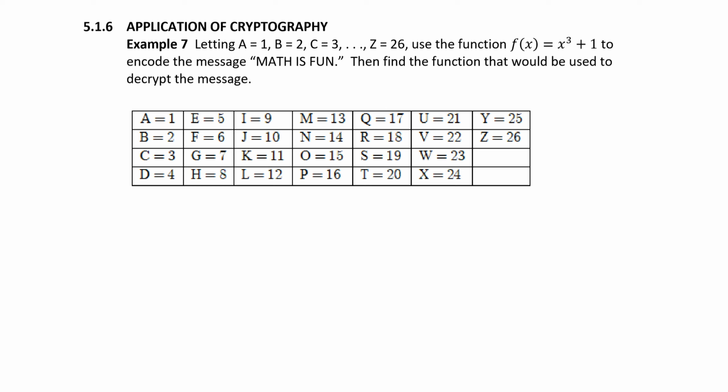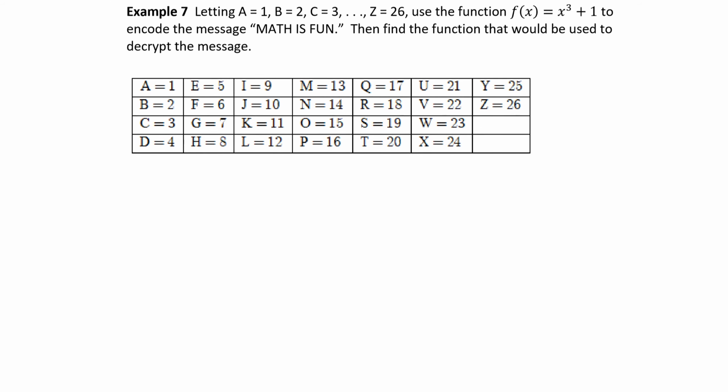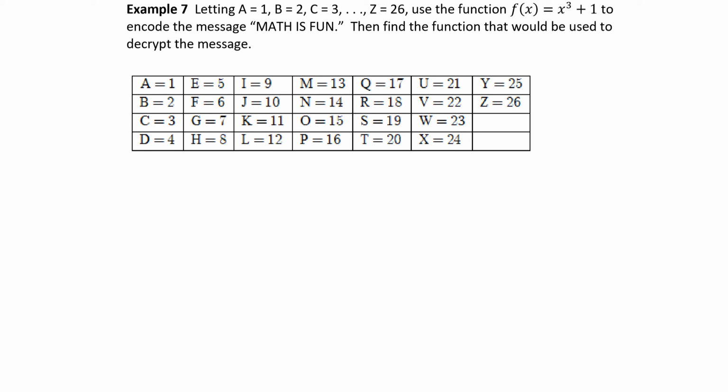So we're going to encode the message "math is fun" using our basic conversion of the alphanumeric code here. We're going to take our message, "math is fun," and I'm going to write it vertically. The first step is to convert it into a numerical message.